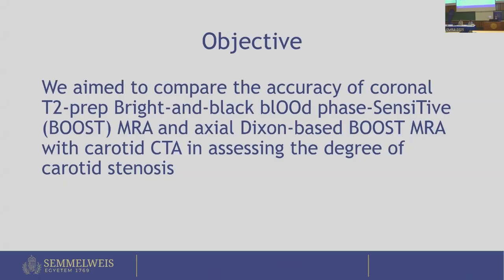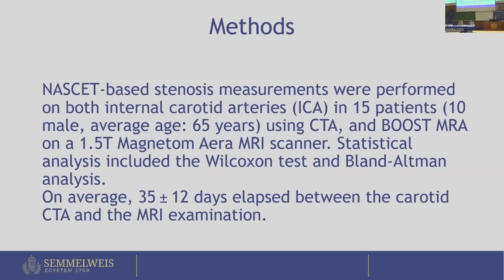The purpose of our study was to compare the accuracy of T2 prep bright and black blood phase sensitive MRA and the Dixon-based BOOST MRA with carotid CT in assessing the degree of stenosis. NASCET-based stenosis measurements were performed on both internal carotid arteries in 15 patients in a 1.5 Tesla MR scanner. We compared this to the CT angiography results.